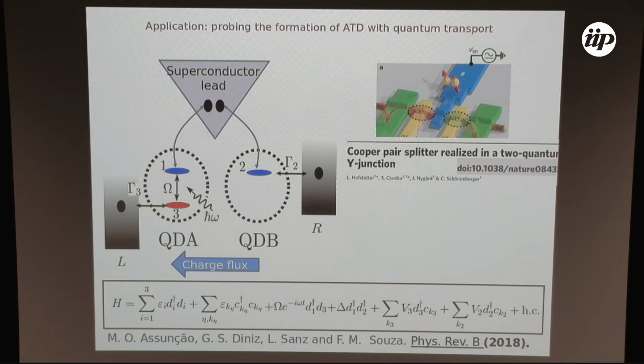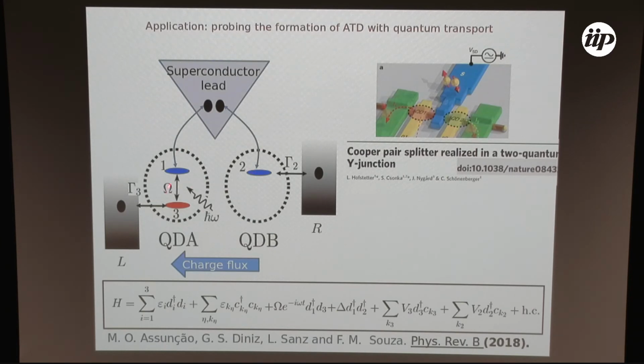In general, people show that using optical experiments. Now we are proposing to measure it using electric current measurements. So we have here a Cooper pair. They can be split to dot 1 and dot 2.